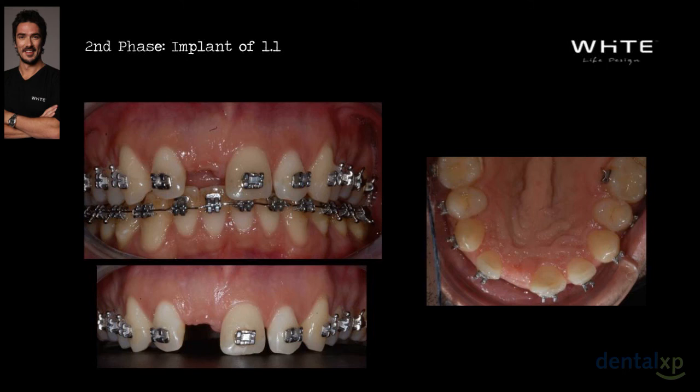So, of course, we did that. Dr. Alessandro Curto from my team, who's been working with me for 10 years, did the orthodontic treatment here. We glued the crown to the bracket, did some expansion, and over quite an extensive period of time, we got the ideal width for our implant.